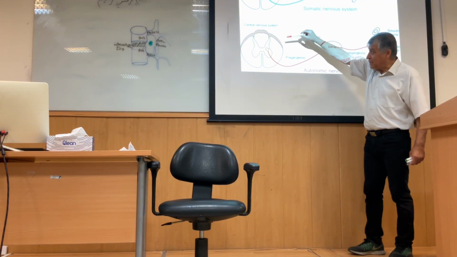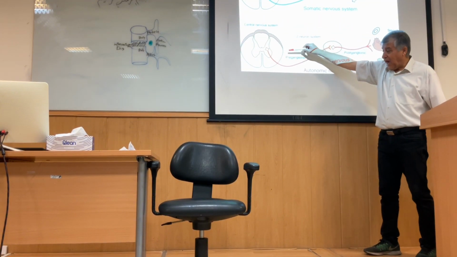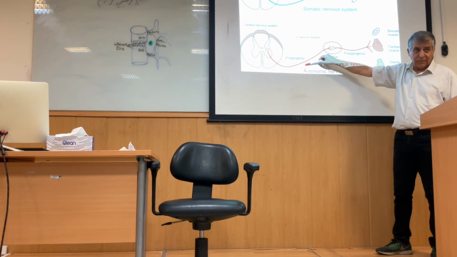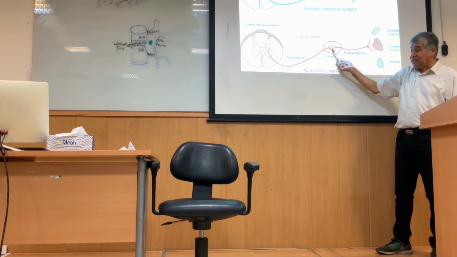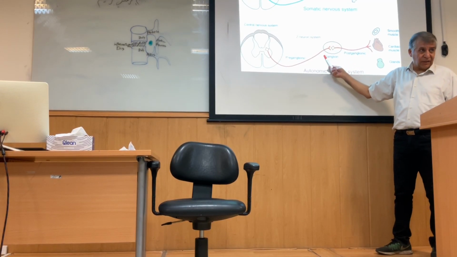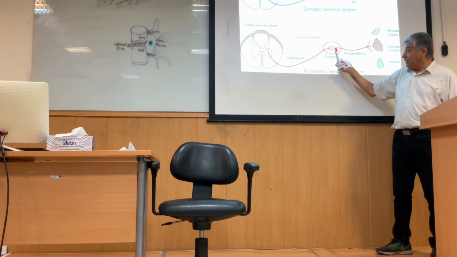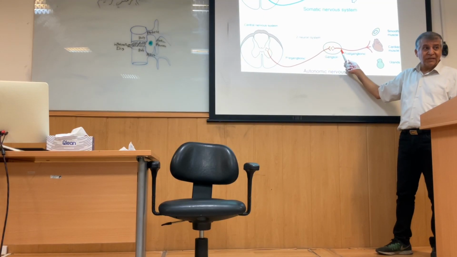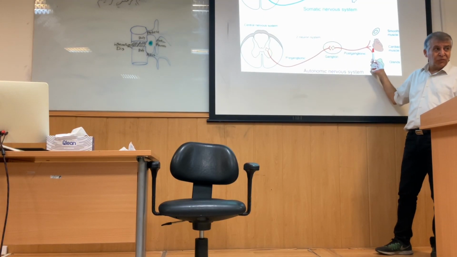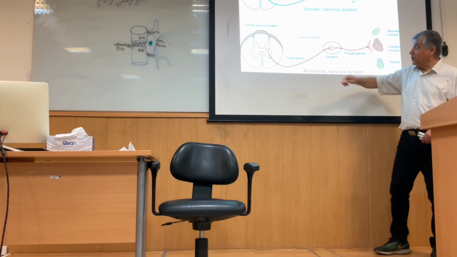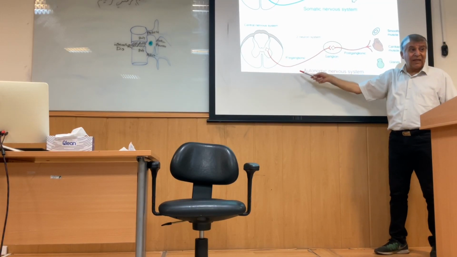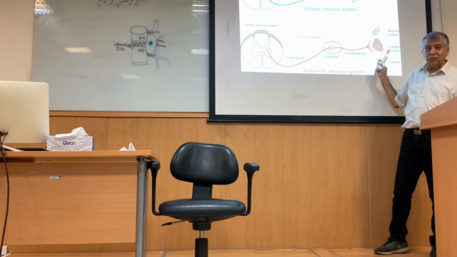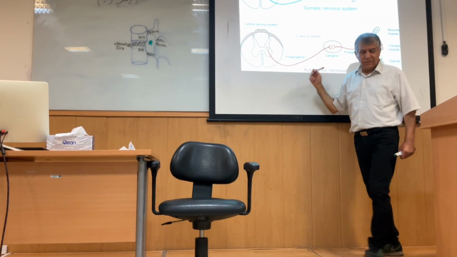But visceral nerves exit the spinal cord, okay, have two synapses into the ganglion, and post-ganglion nerves terminate to the target. Okay? So, somatic directly, visceral indirectly terminate to the organ. Okay?